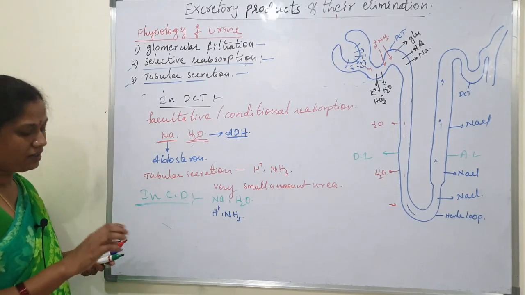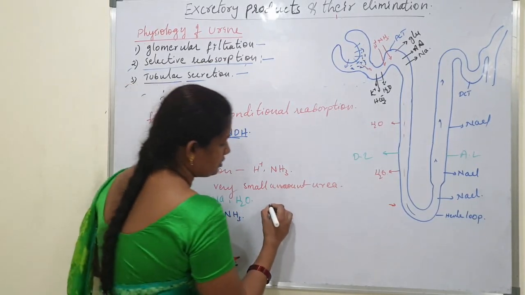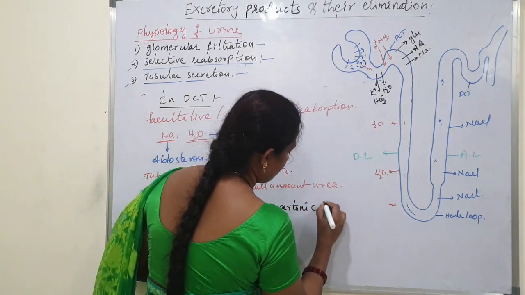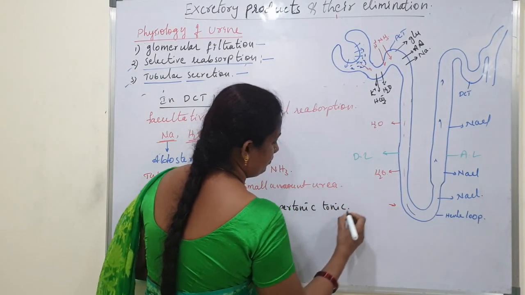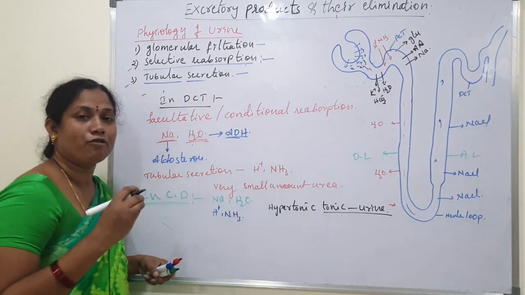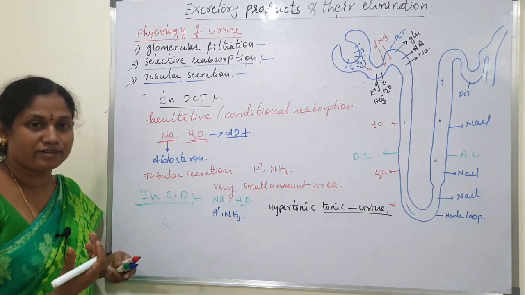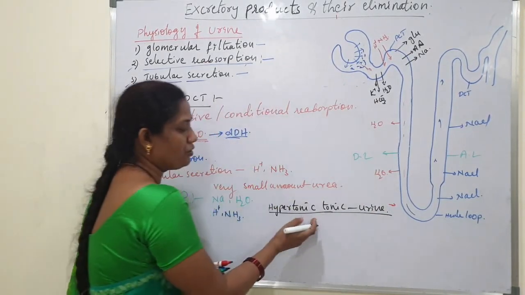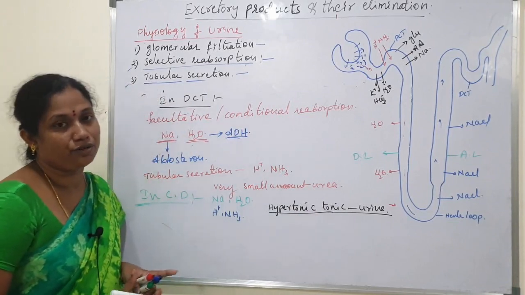Finally, to produce hypertonic, that is highly concentrated, urine. The filtrate that is finally formed is called urine. So hypertonic urine is formed.